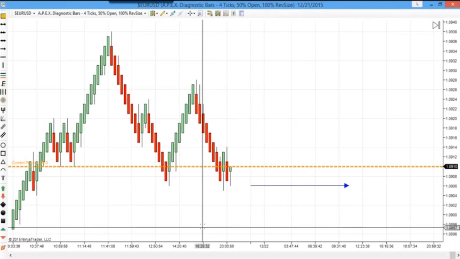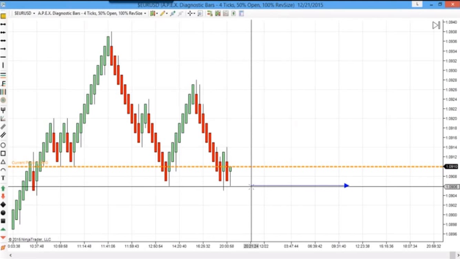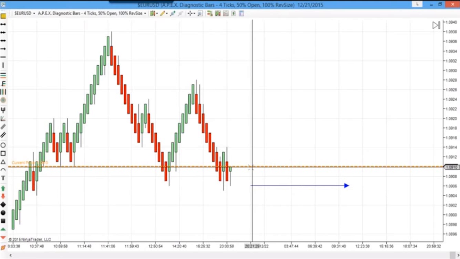Okay? So when I buy this contract for $70, I'm saying the market's going to expire above this price. Well, it's already above it.